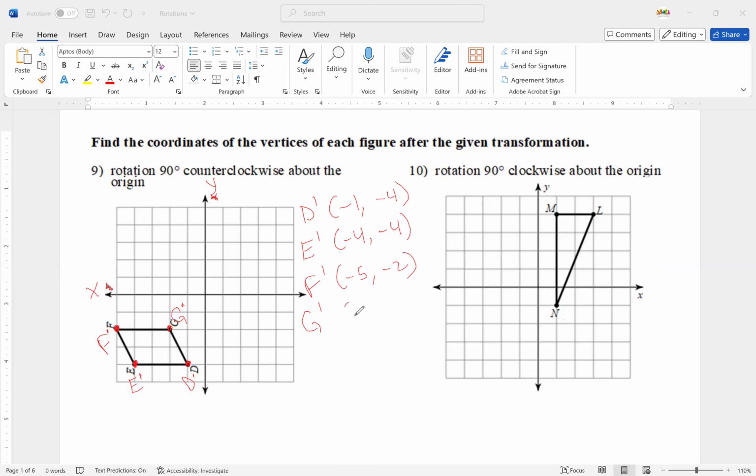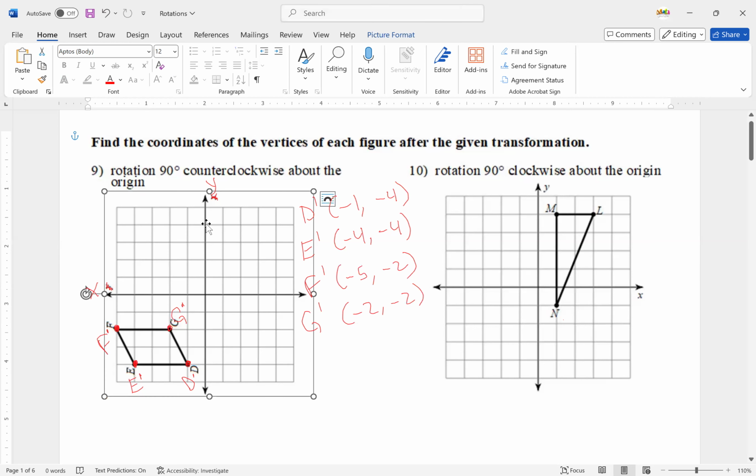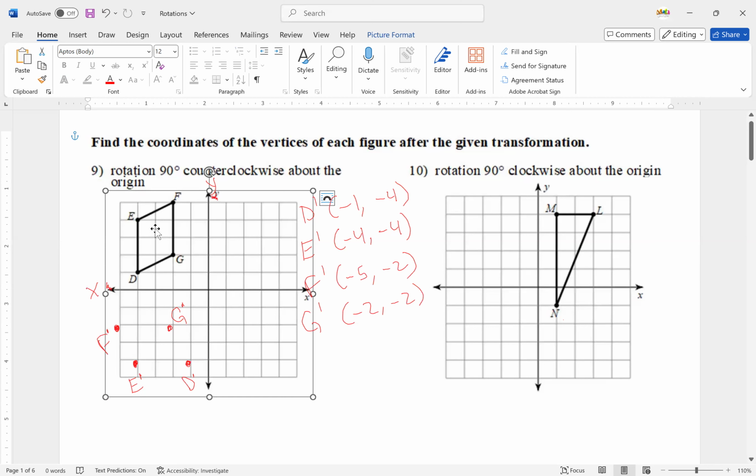The coordinates of this one are -2, -2. You guys might be like, why? What happened really? Why was D called D prime? Because originally, these were the points. But notice when I flipped the 90 degrees counterclockwise, that's how I came out with those points, and that's how I came out with my coordinates.